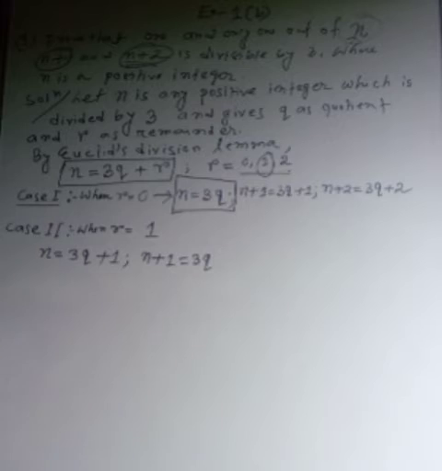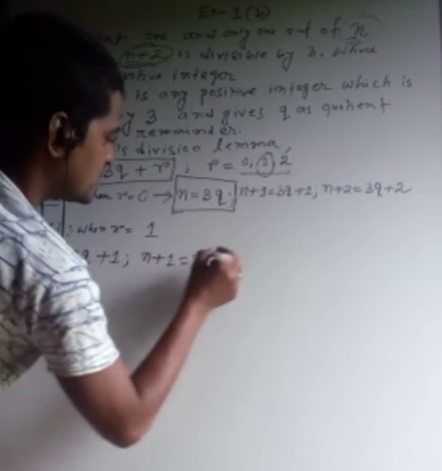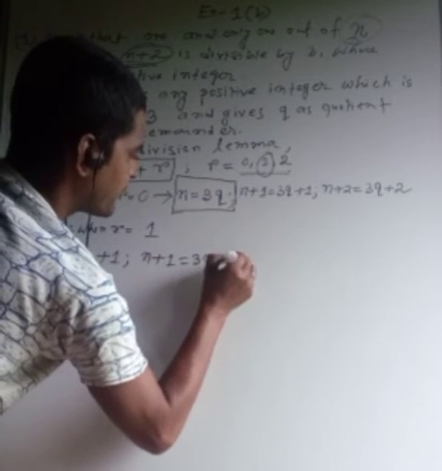It means what we can get? Plus 1 will be plus 1. And the third one, what we can see? n plus 2.